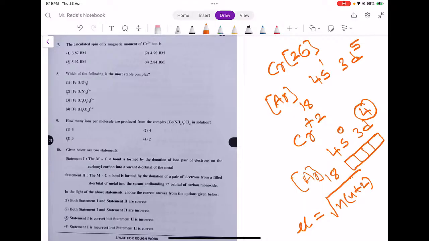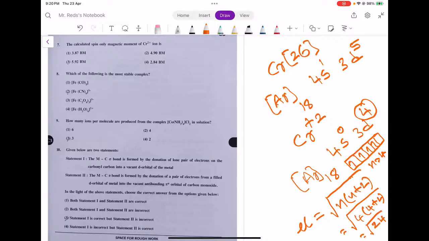First, all the available degenerate orbitals are filled with single electrons and then paired up. 1, 2, 3, 4. 4 electrons. These 4 are unpaired. So n is equal to 4. Root of 4 into 4 plus 2, root of 4 into 6, is root 24.